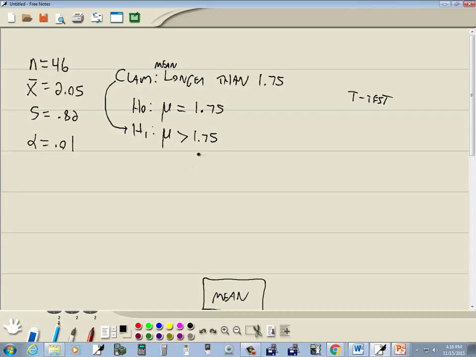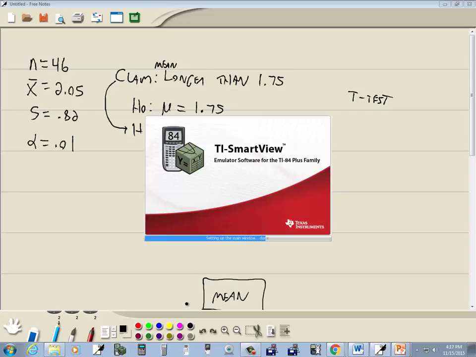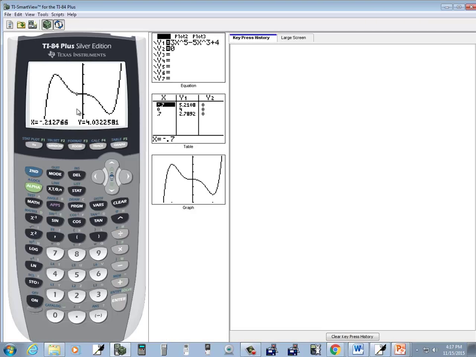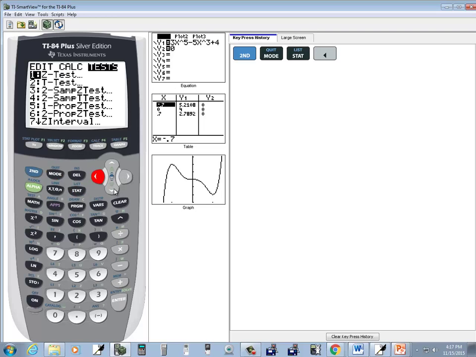Now we want to do the t-test in order to find our p-value. So let's go do that. I'm going to press stat, go over to tests, and then we want to choose T-Test. T-Test is where sigma is not known and you're doing a claim about a mean.